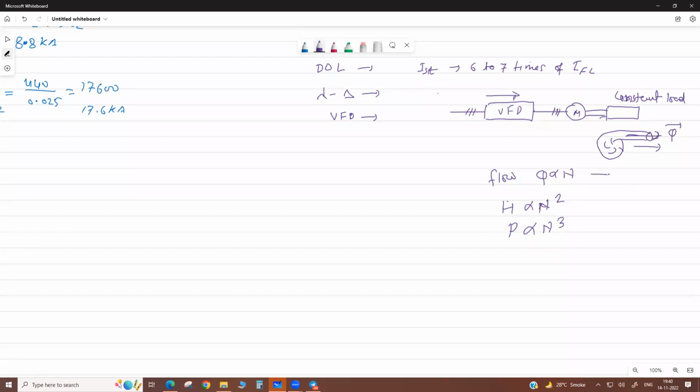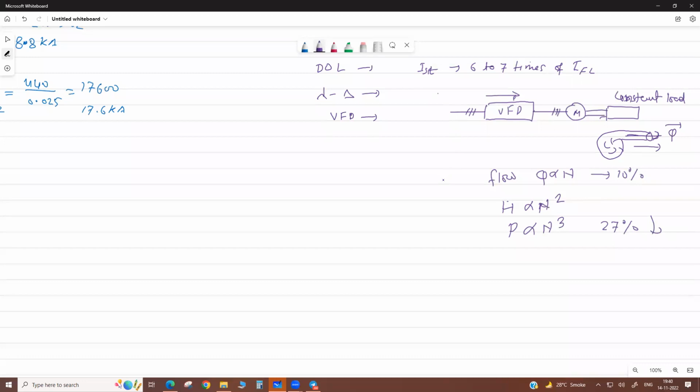Means if we reduce the speed by 10%, then there is a 27% reduction in power consumption. So that's why VFD is used for energy conservation.